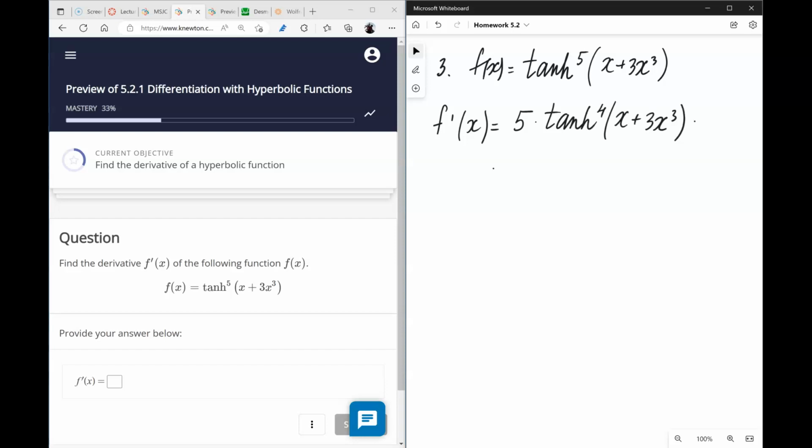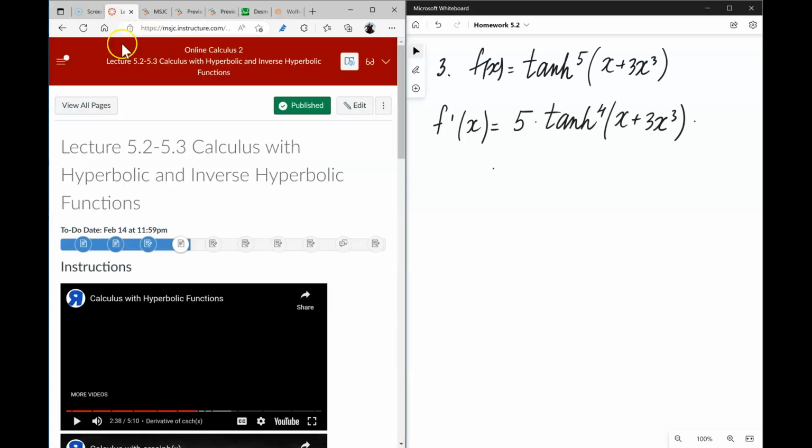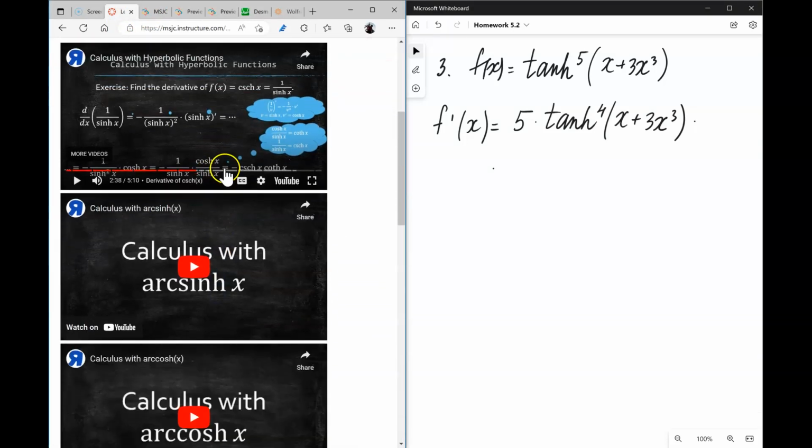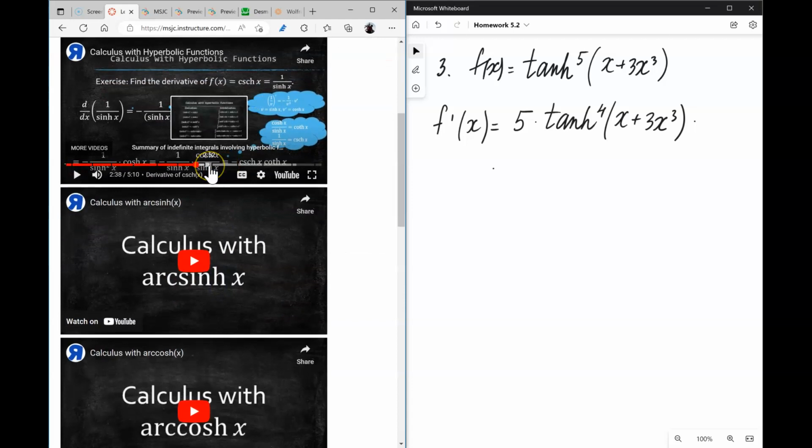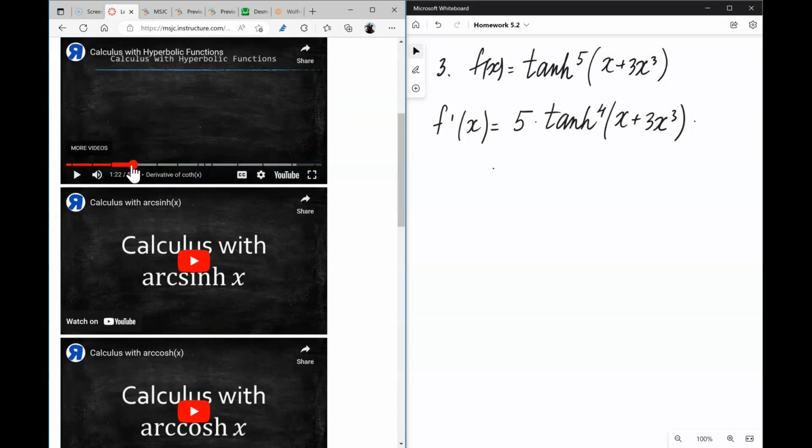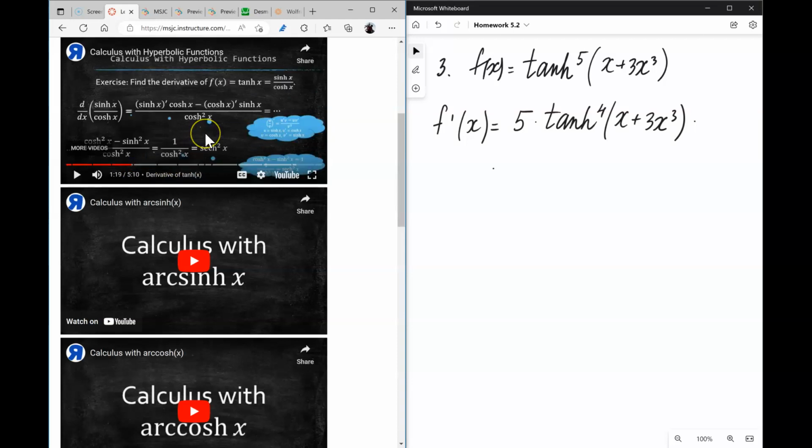Now we multiply by the derivative of hyperbolic tangent. Derivative of hyperbolic tangent looks like it's hyperbolic secant squared. And finally we multiply by the derivative of that innermost polynomial function.